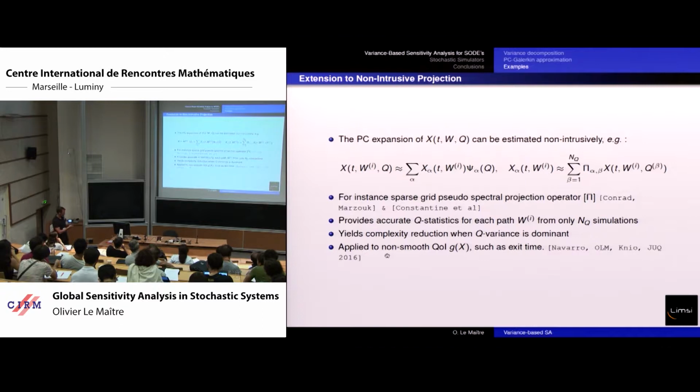Okay, one final comment here. Here I'm working directly on the representation, or the analysis, of the whole trajectory. And there is a good reason. For instance, you may want to apply this technique for quantities of interest like exit time, but exit times are not smooth functions. Not even with respect to the parameter. You could imagine that for a given realization of the noise, a trajectory goes and exits; you change the value of the parameter, and you may miss the exit boundary and continue and exit much later.